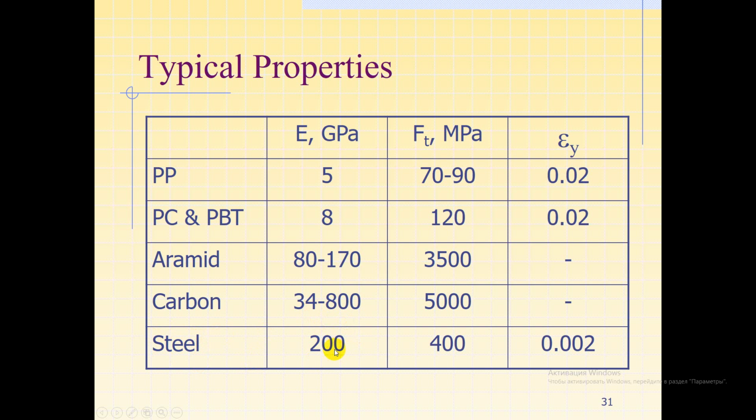So steel has 200 gigapascal and carbon has 800 megapascal, and aramid has 170 gigapascal. And also you can see strengths of steel 400, and aramid and carbon have 3000, 5000 megapascal.